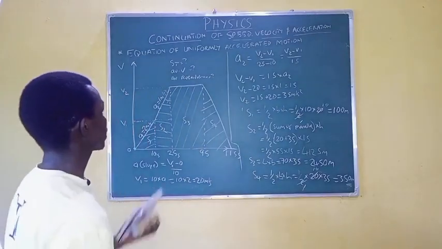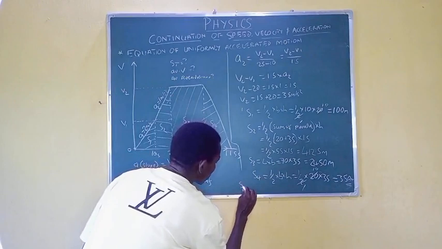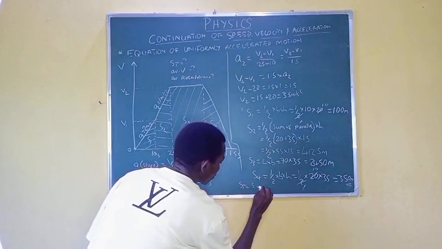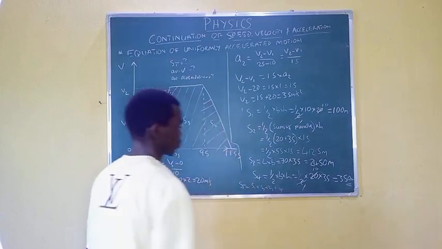For us to find the total distance traveled by the bus, it will be ST, which is S1 plus S2 plus S3 plus S4.